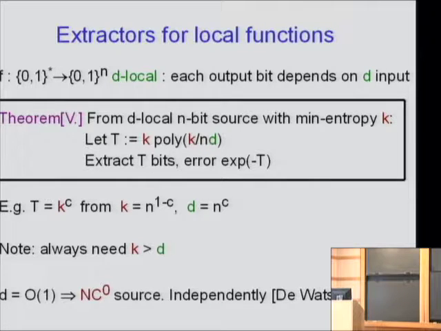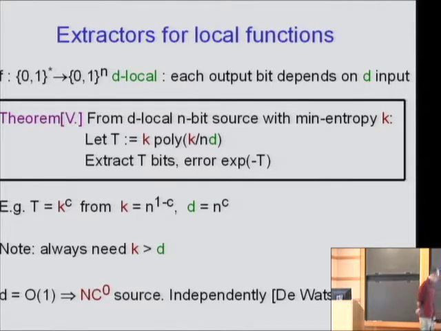So if you think of d as being smallish and k to be very close to n, this is basically like nothing. So think of t as k, and you can extract t bits with error exponentially small in t. In particular, one setting is that you can extract some polynomial number of bits when the min-entropy is sufficiently large polynomial in n, and d can even be a polynomial.